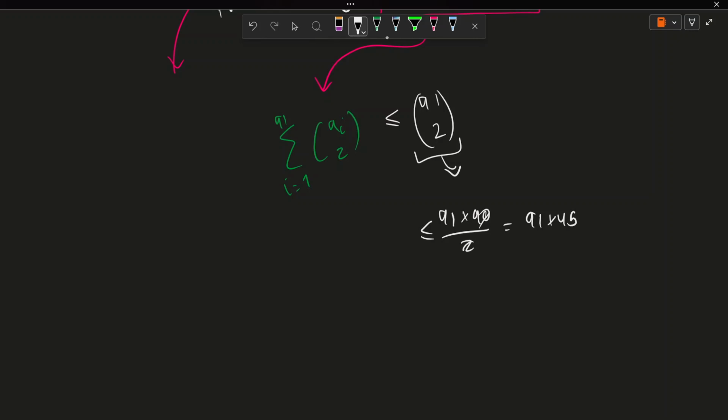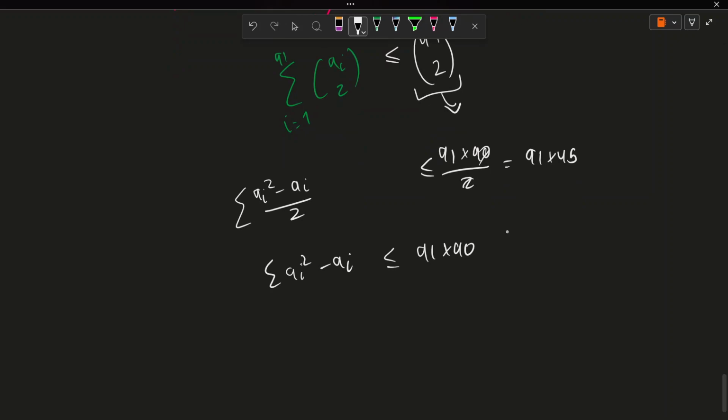Note that ai choose 2 can be written as ai square minus ai by 2, the whole summation. So what we get is summation of ai square minus ai is less than or equal to 91 into 90, after multiplying by 2 on both sides.